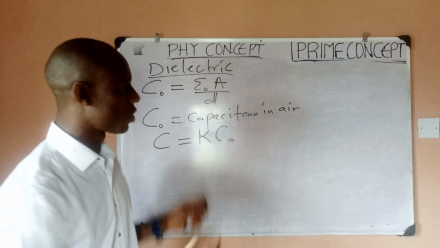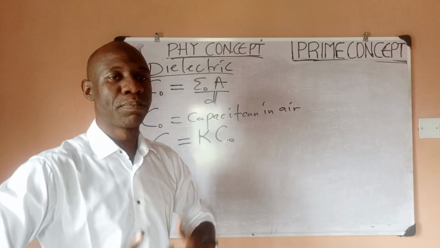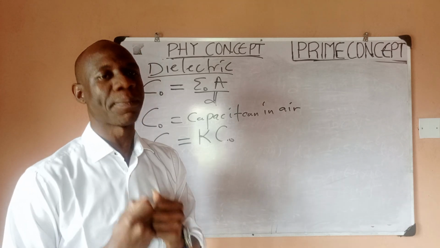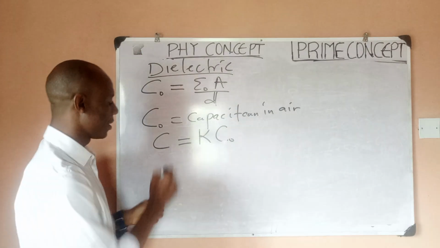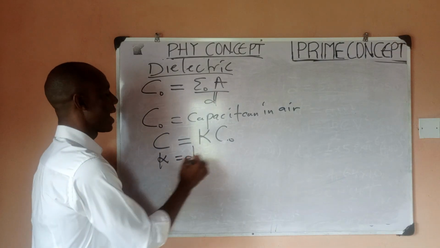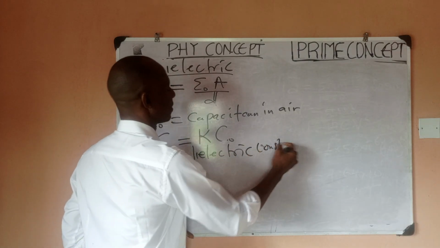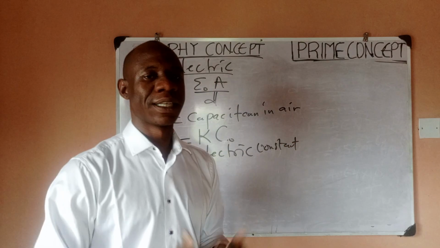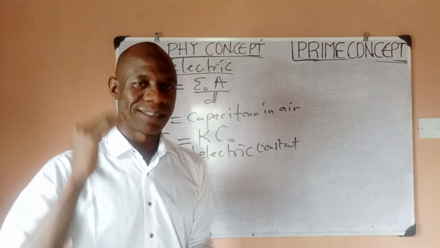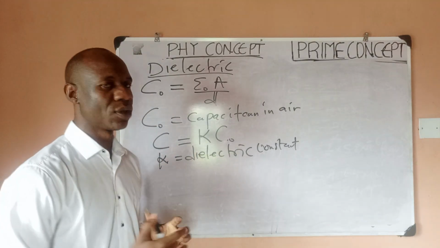So automatically, dielectric materials improve the capacitance of the capacitor by a constant K. And what do we call K? K is known as the dielectric constant. So the capacitance of every capacitor would increase by the dielectric constant. This is what Michael Faraday told us, right?